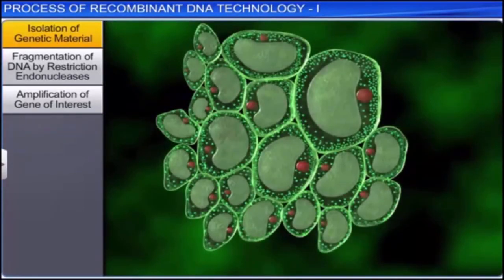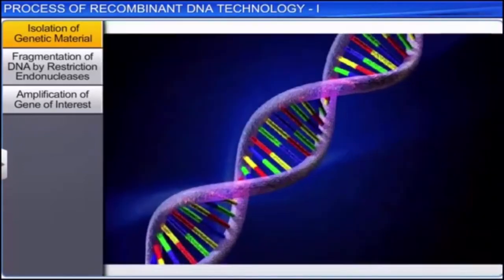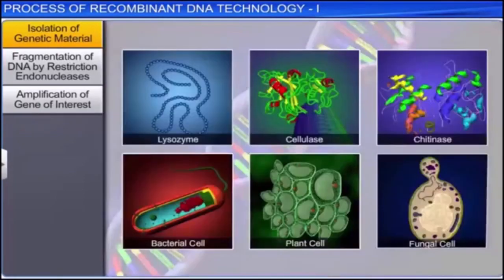This helps separate the cells from each other. Now, in order to isolate DNA, enzymes such as lysozyme, cellulase, and chitinase are used to treat bacterial cells, plant cells, and fungal cells respectively.